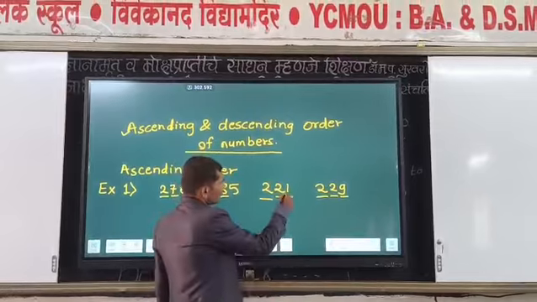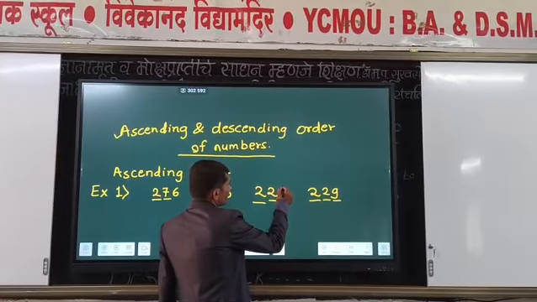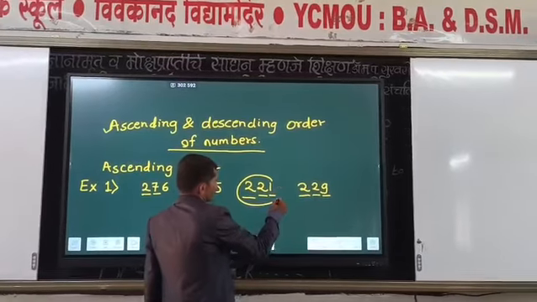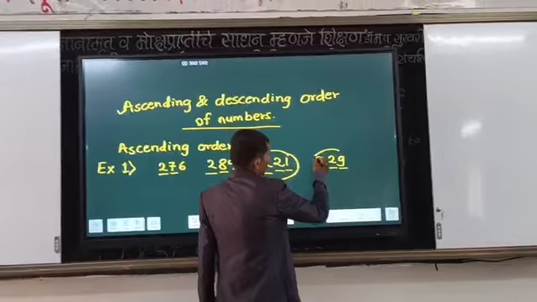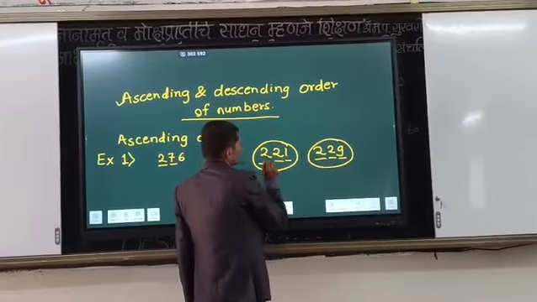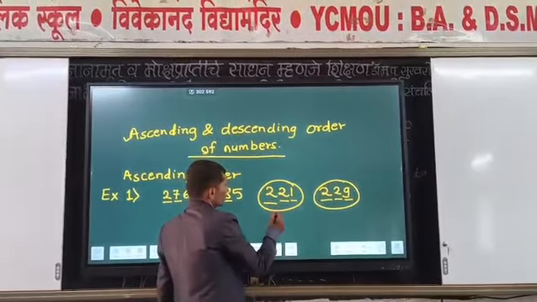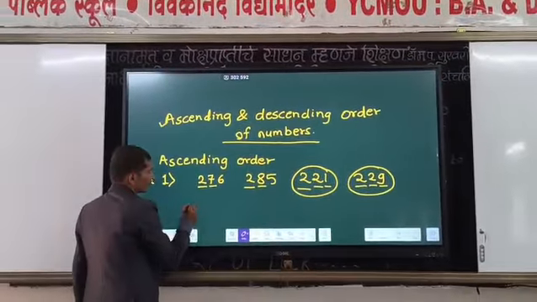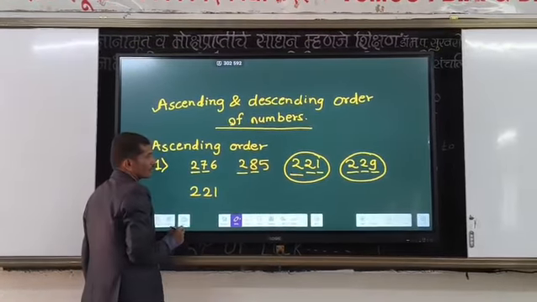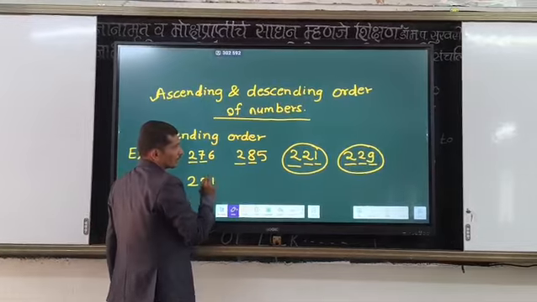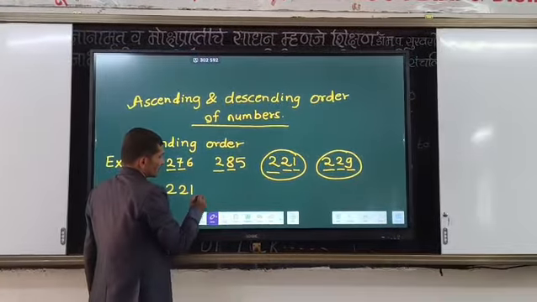So 1 is smaller than 9, so we have to take the smaller number first, and after that we will take the greater number. So 1 is smaller than 9, so this number is coming first. 221 is the smallest number among all these numbers.